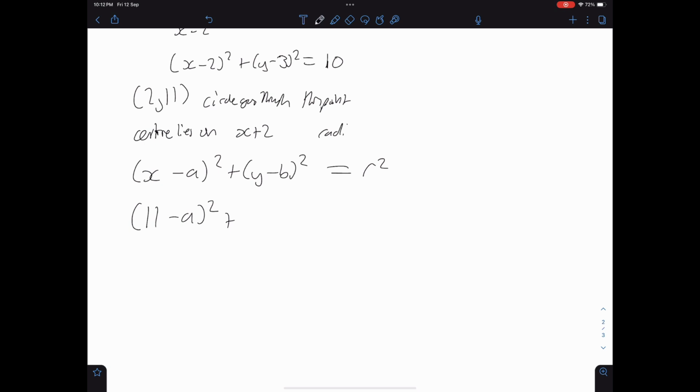So let's say this has a radius of 5. And so then we'd write that. So after writing that, we would say that it goes through the point. Oh, sorry. That needs to be x. So we'll do the x there and then the y here.